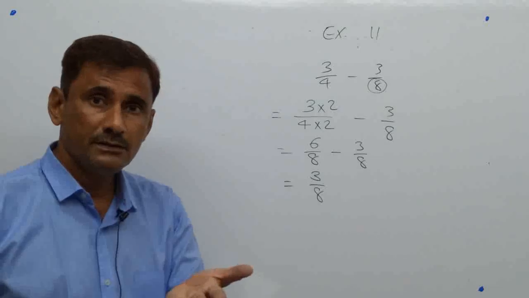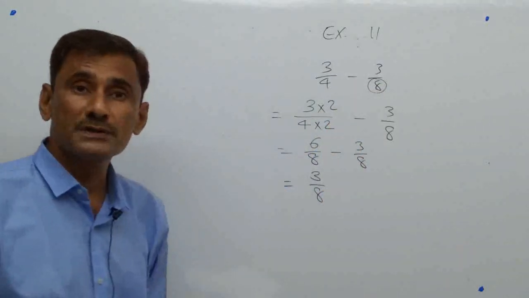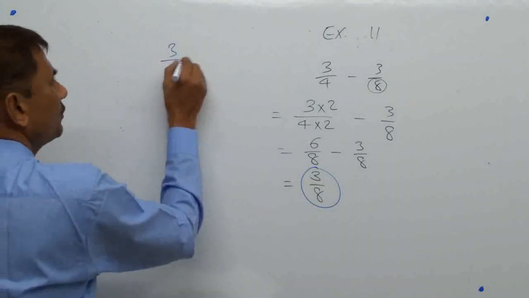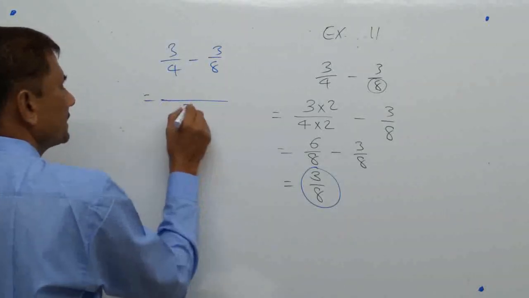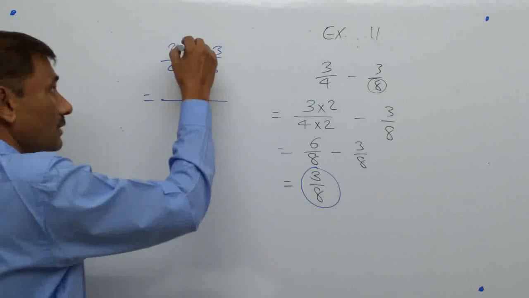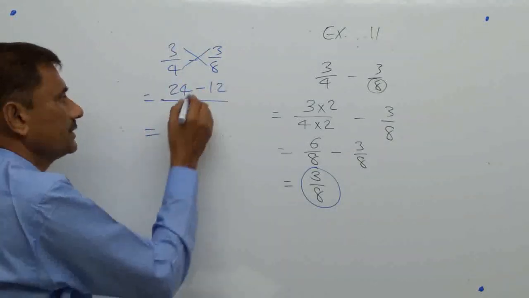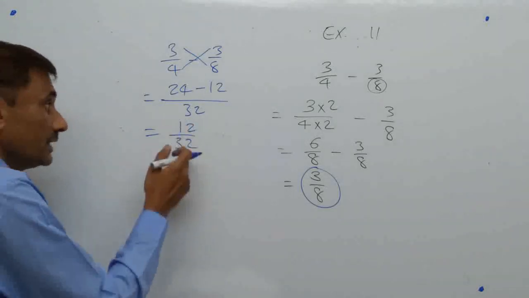Now again, if instead of taking LCM you do cross multiplication, then also you will get 3 by 8 only. 3 by 4 minus 3 by 8. So first of all, 8 fours are 32, multiplication of both denominators. Now cross: 24 minus 12. So it will be 12 upon 32. Now divide both by 4.